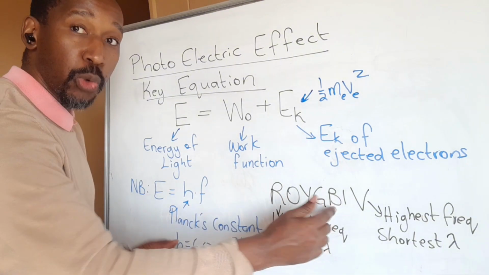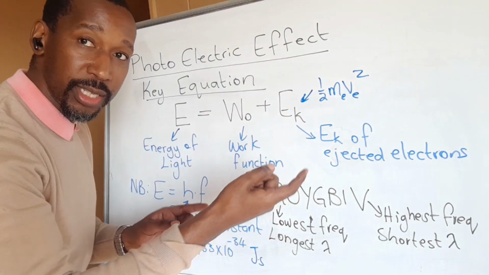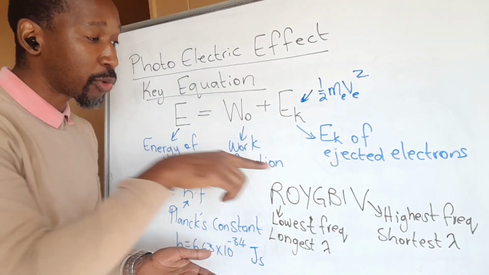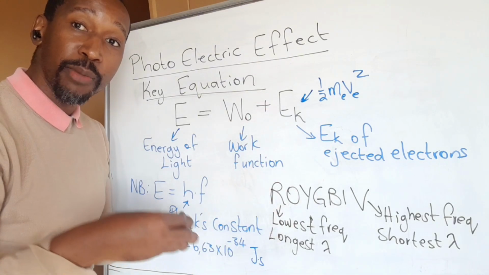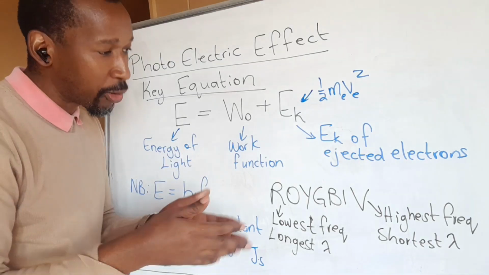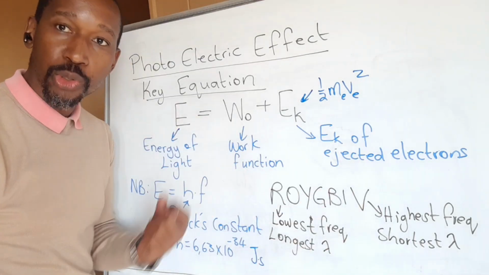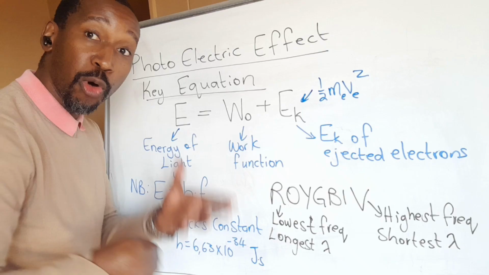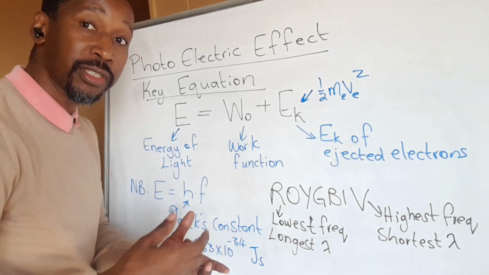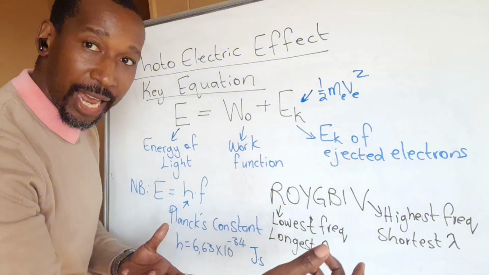But when blue, which is light of a higher frequency, was shown on the metal, it was able to eject electrons because it had an energy more than the work function. Then of course indigo and violet will also do the same, but definitely with a higher speed of electrons, because more energy would be left over to be converted to the kinetic energy of the electrons.